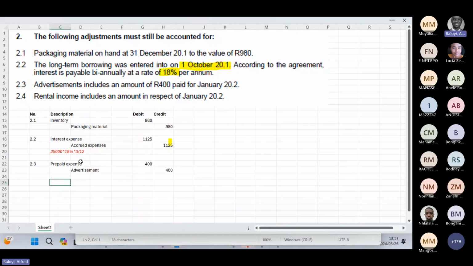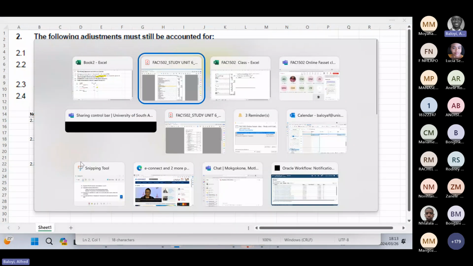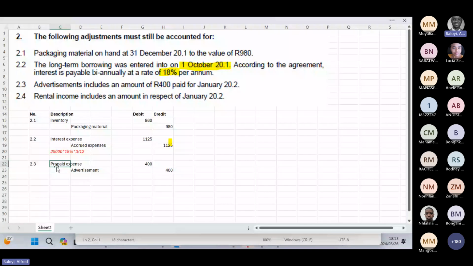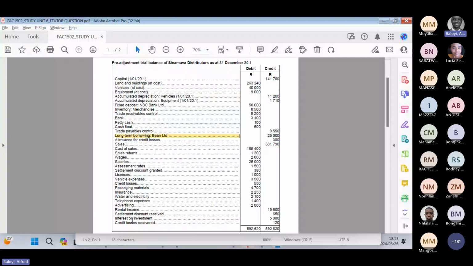If you look at the advertisement amount, on this total of 2,000, there was 400 included that is for the coming year. So we are removing that amount because this is a debit balance. We're crediting advertisement, and putting the amount in prepaid expense, a balance sheet item.